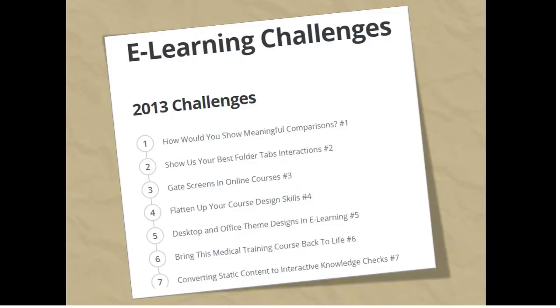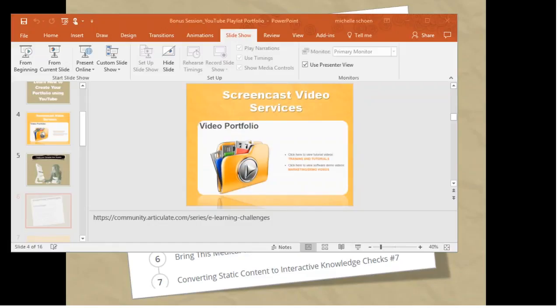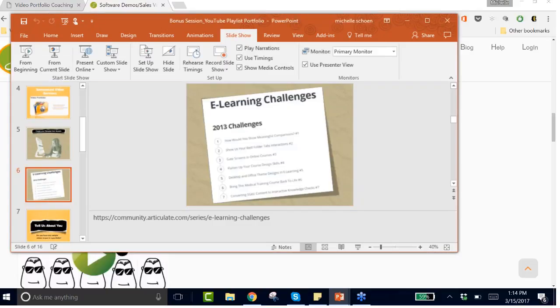All right, so to get ideas for doing portfolio pieces, a great place to go is Articulate for their e-learning challenges. And Leslie, would you mind, well, actually you don't have access to this. I have to send it out. I have the link for you, and I'm going to put it out in the chat.